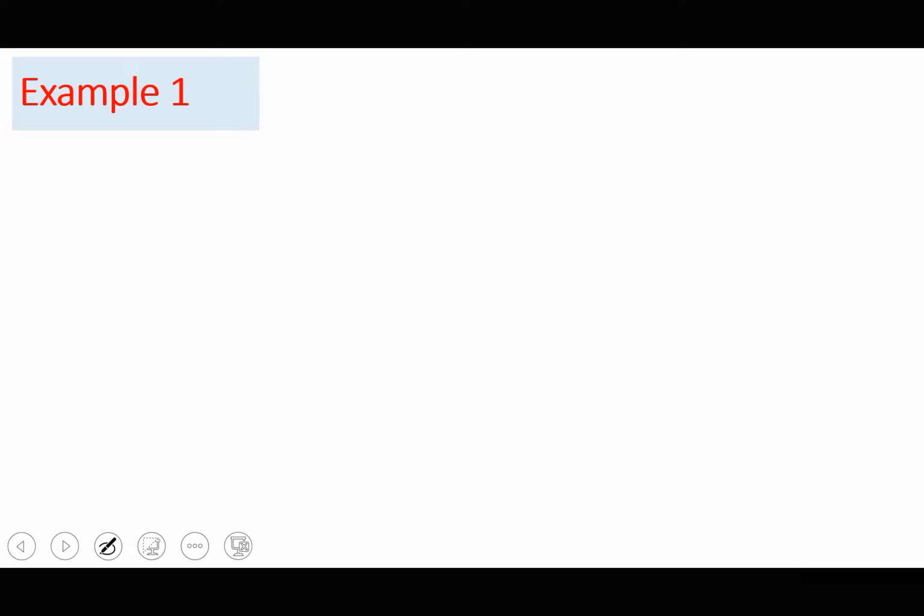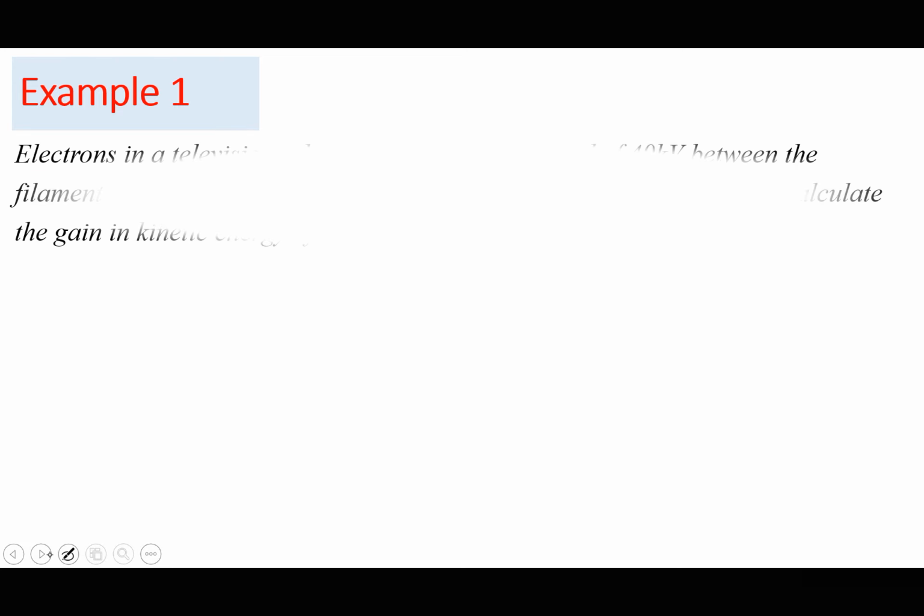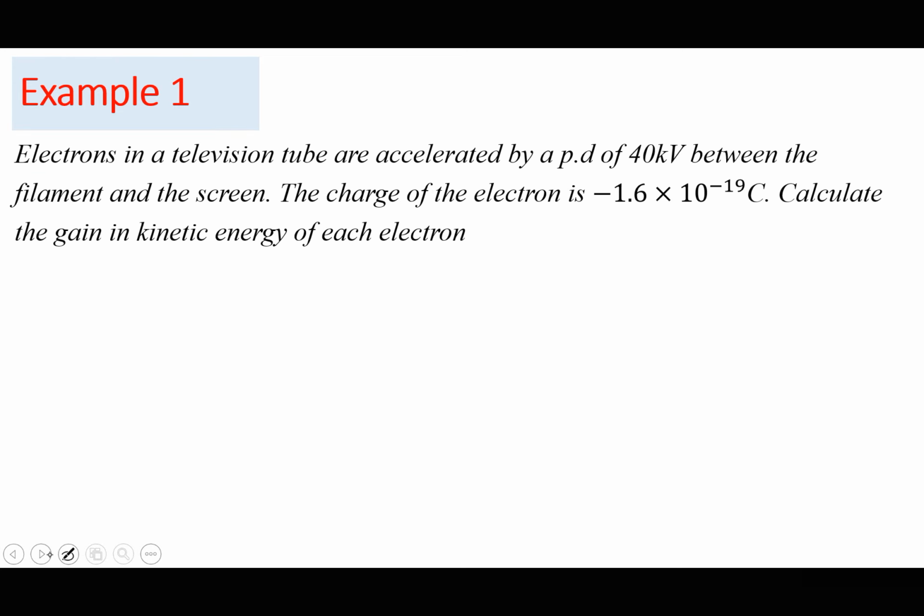Example. Electrons in a television tube are accelerated by a PD of 40 kilovolts between the filament and the screen. The charge of the electron is negative 1.6 times 10 to the power of minus 19 coulombs.